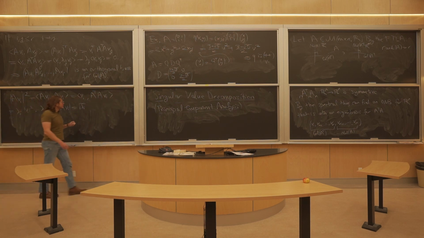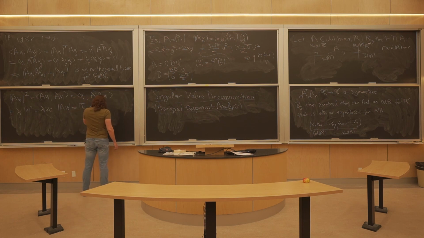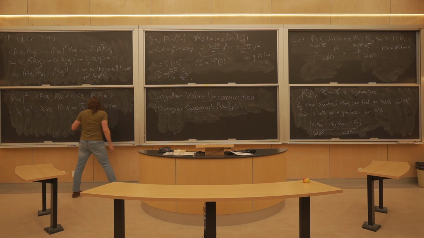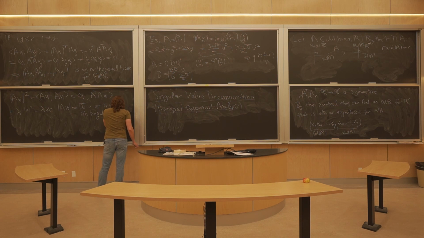So this is called the ith singular value of A. And it's defined as sigma I. It's almost like an eigenvalue, not quite.